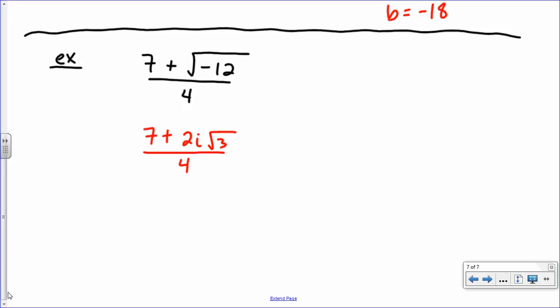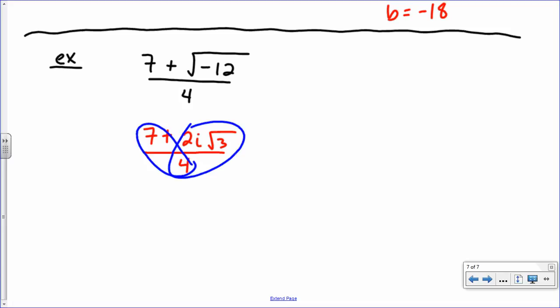Okay. Now again, you cannot go right to canceling your 2 and your 4 because of that plus sign. But you need to write this in a plus bi form. You need to separate the real part and the imaginary part. You can't factor a 2 out. So the only thing you can do is separate into 2 fractions.